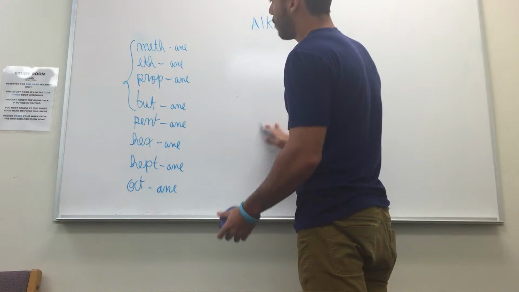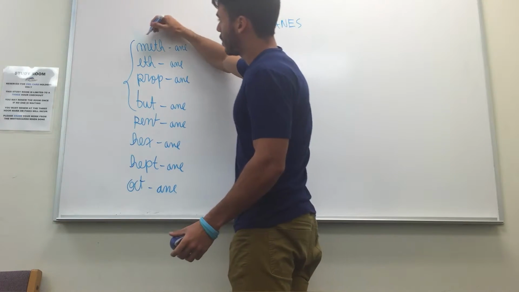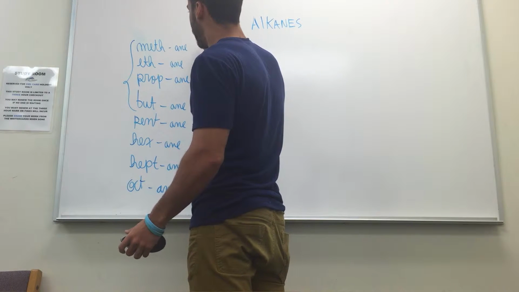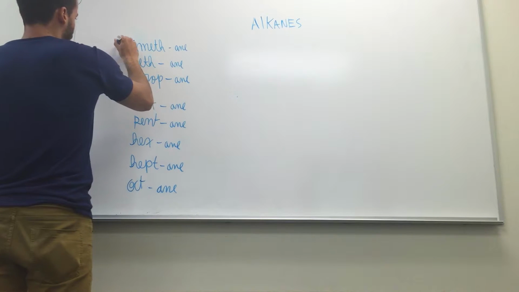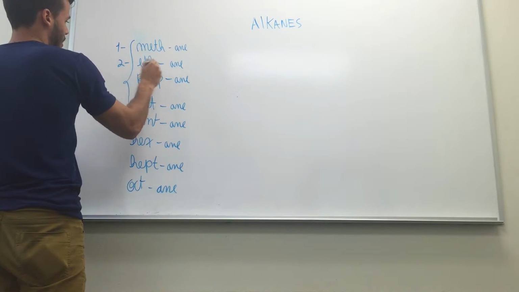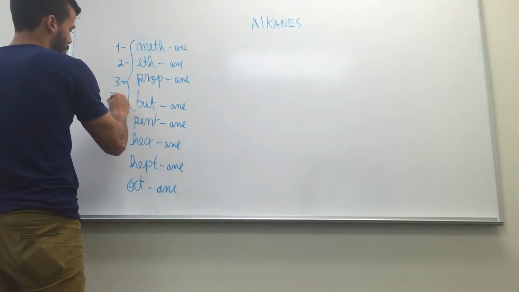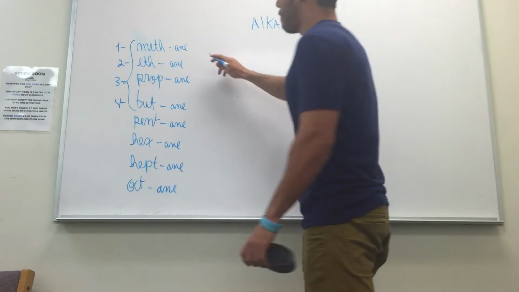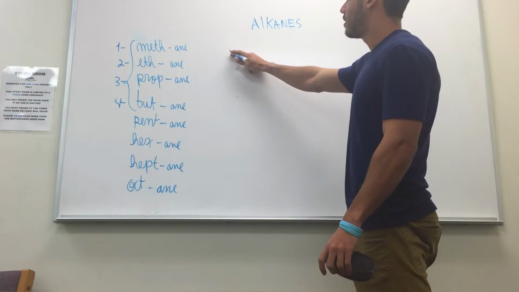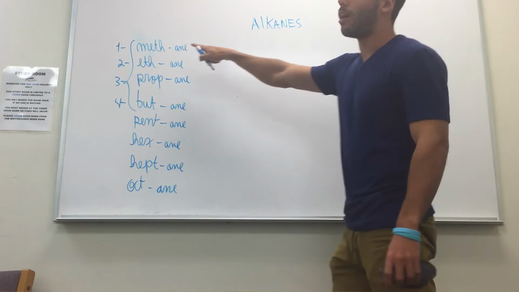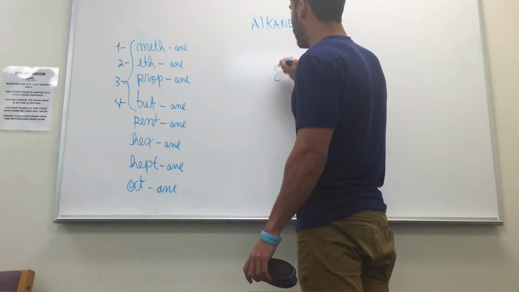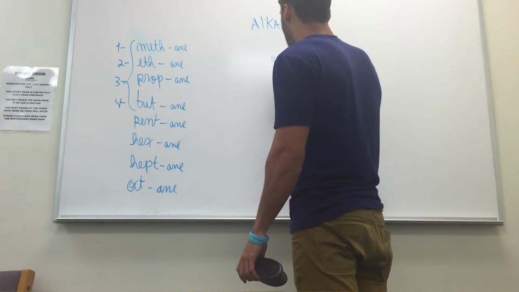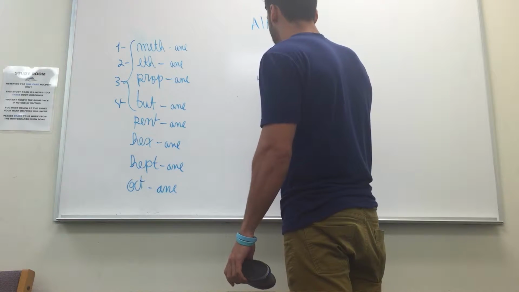What do they really represent? Meth actually represents 1 carbon, right? So you're going to have 1 carbon for meth, 2 carbons for an eth, 3 carbons for a prop, and 4 carbons for a but. So methane, which is the alkane version of the meth, is just 1 carbon with 4 hydrogens attached to it, right?